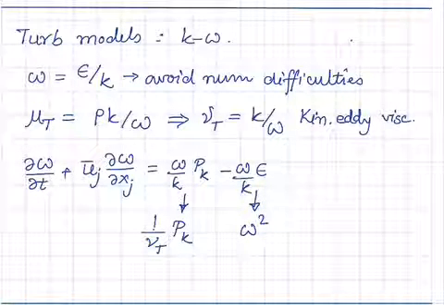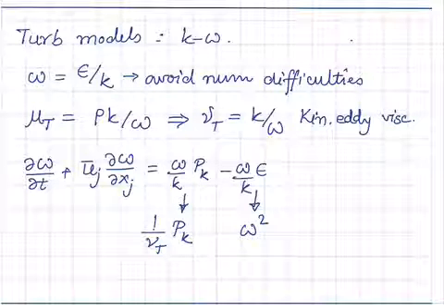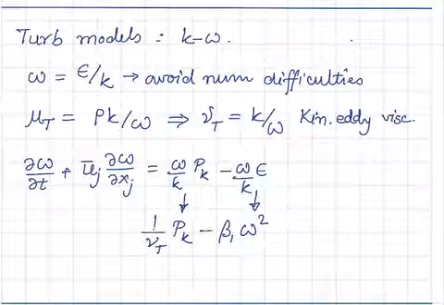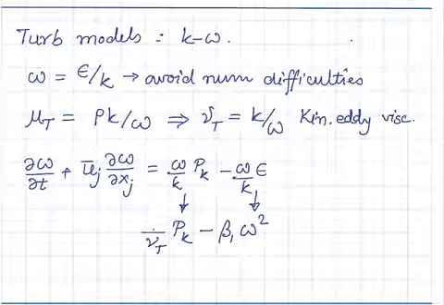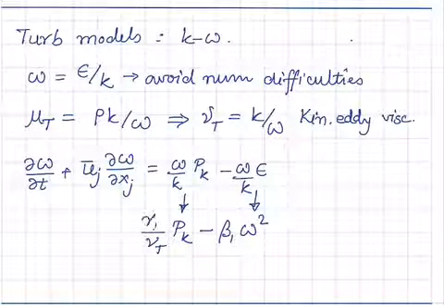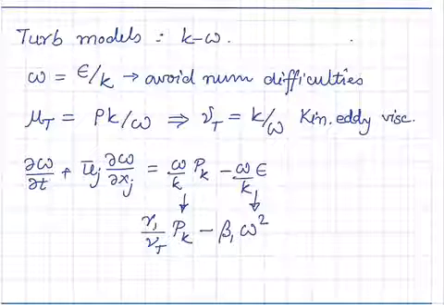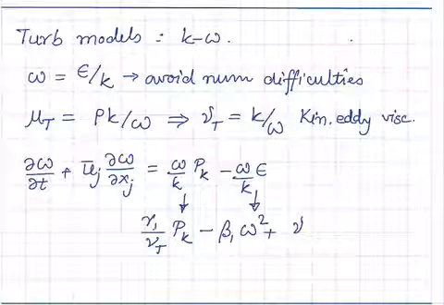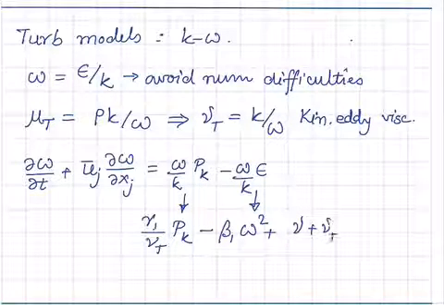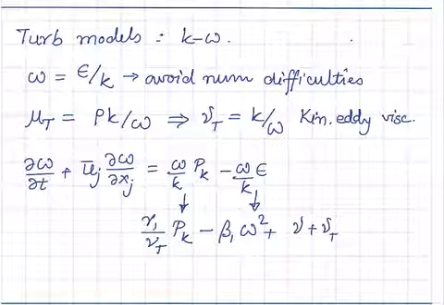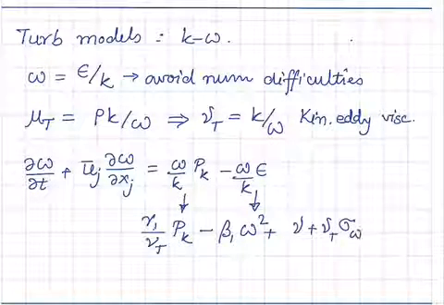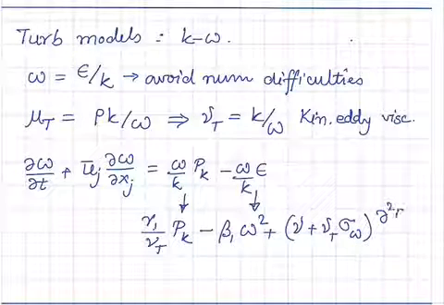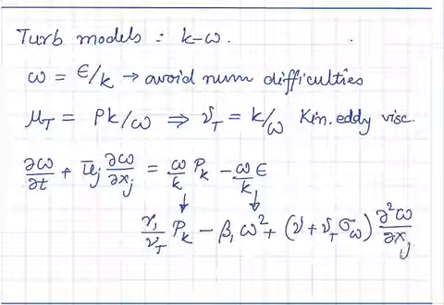We have to put in additional constants, which in this case are called beta 1 with a minus sign, and gamma 1 for the production term. And there are diffusion terms because of kinematic viscosity, molecular and turbulent, with additional empirical constants, del square omega by del x j square.